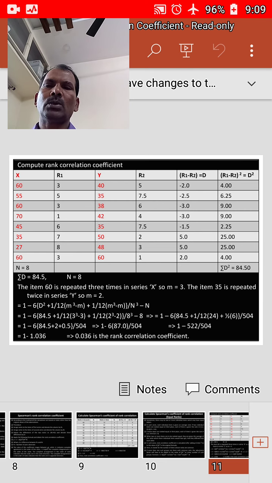1 minus 6 into 84.5 plus 24 by 12, which is nothing but 2, plus 6 by 12, which is 0.5, by 504.